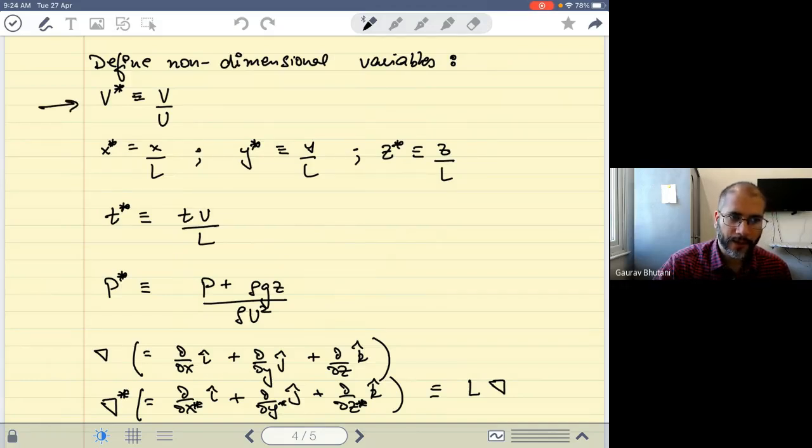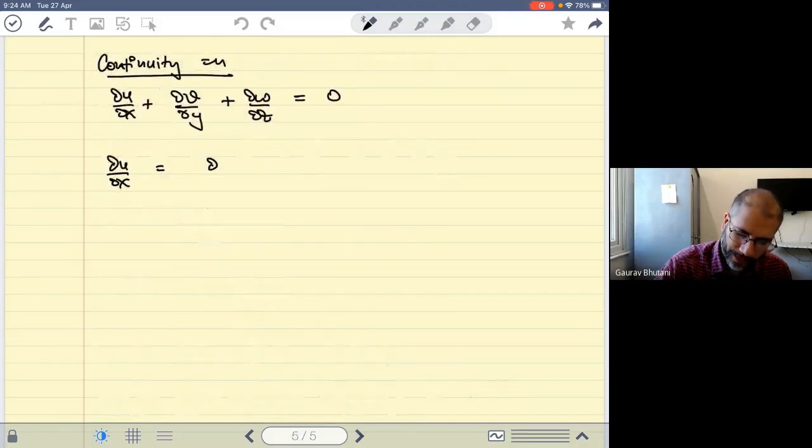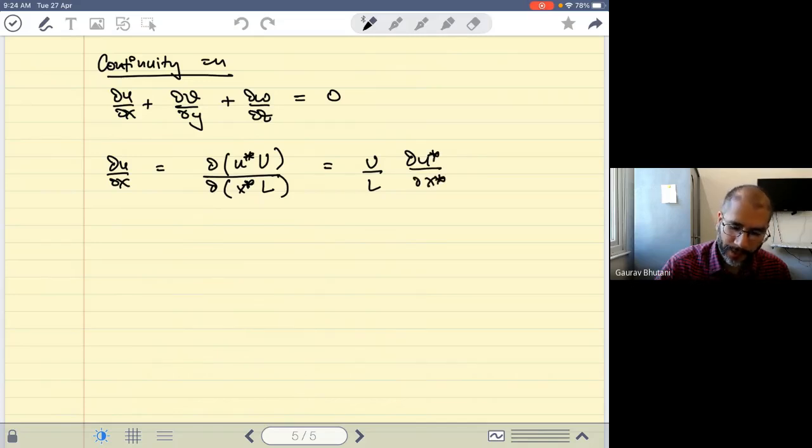Using this, we wrote v star as v upon U. That means we can write the dimensional velocity v as a product of v star and U. That's exactly what we'll do here. We'll write this u as a product of u star, the corresponding non-dimensionalized term, times capital U. Similarly, x will become x star times L, and this will allow us to take U by L outside. Similarly, you can get del v by del y and del w by del z.